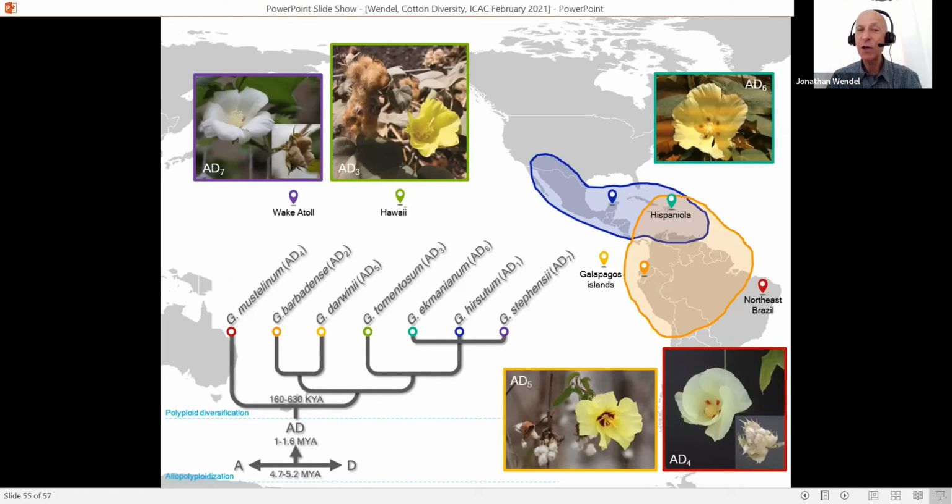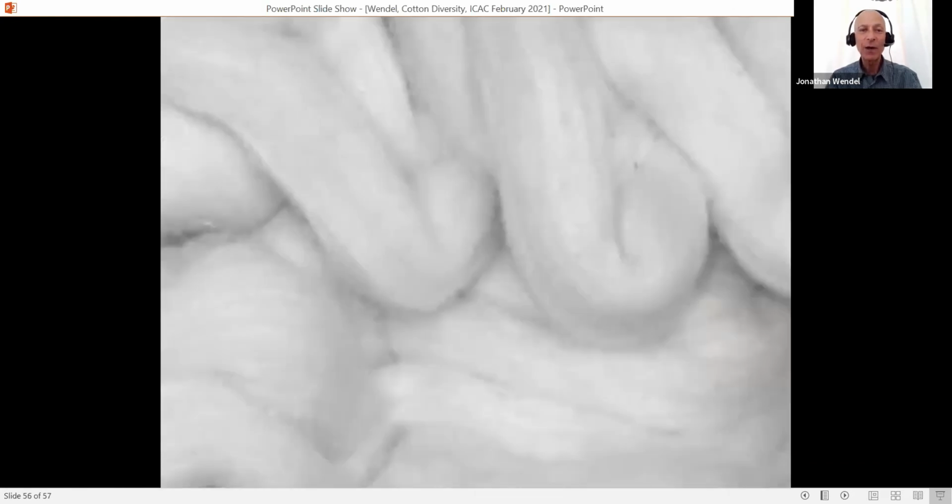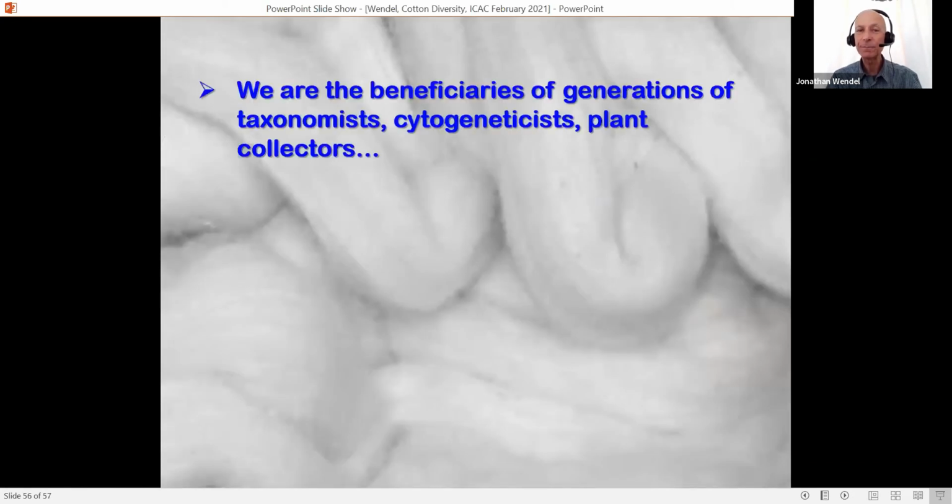And this is all superimposed on a map of the world, showing in colors where each of these species is found, emphasizing again this magnificent attraction, fondness that cotton has for transoceanic, for cruising. Cotton likes to go on cruises. And that's it. If I left you with any questions, I'll be happy to answer them.